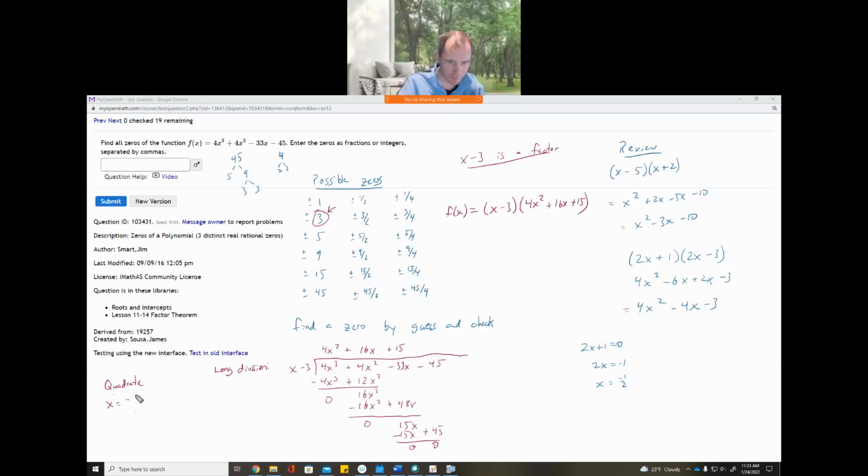Okay, so we get negative b plus or minus the square root of b squared minus 4 times a times c, all over 2a. All right. 16 squared gives me 256.